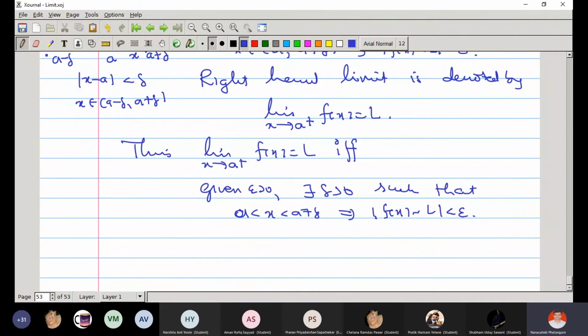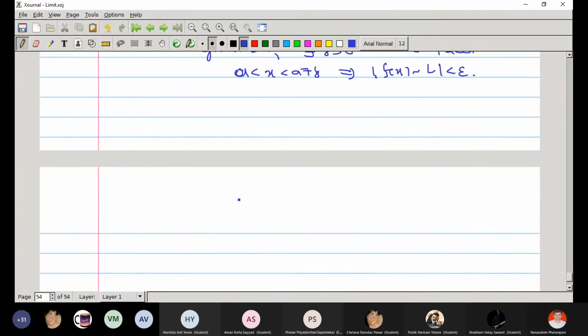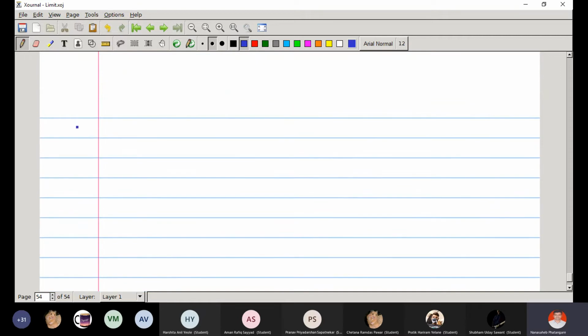Similarly, how to define the left hand limit? So the left hand limit.